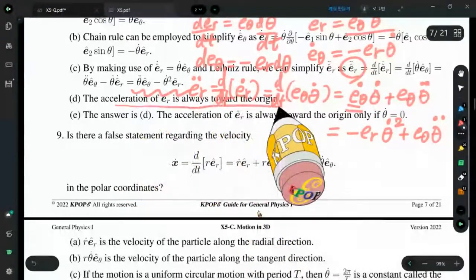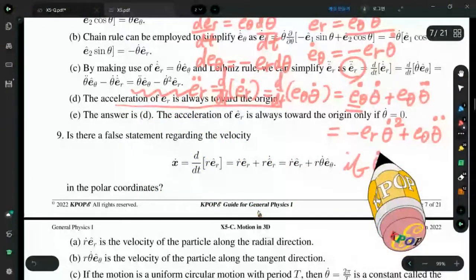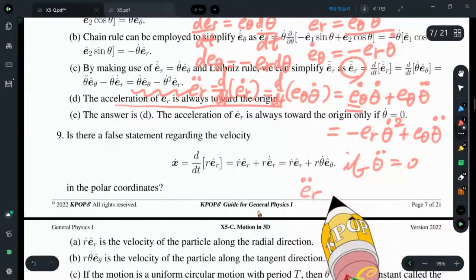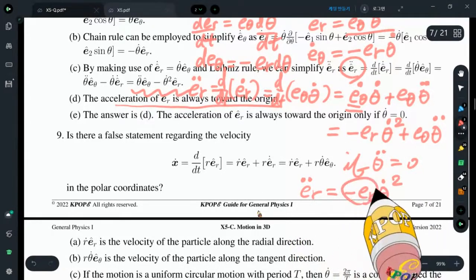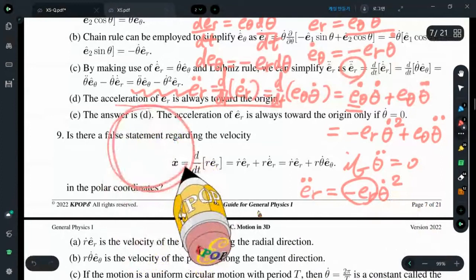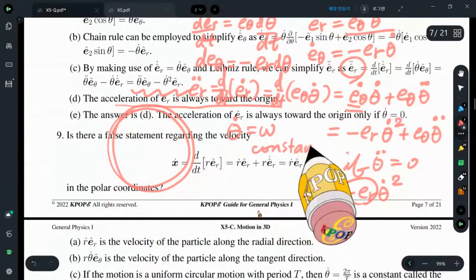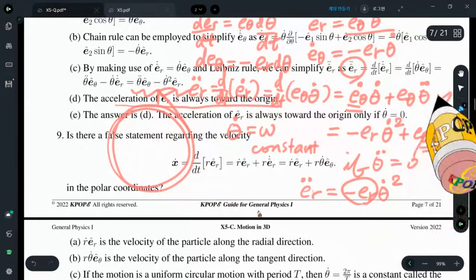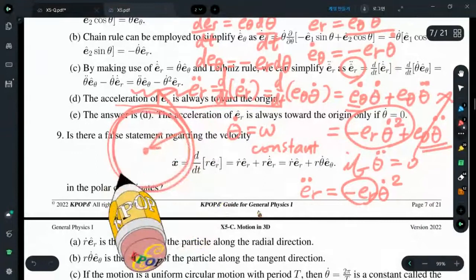Acceleration is always toward the origin. Here, if theta double dot equals 0, then e_r double dot equals minus e_r theta dot squared. So in uniform circular motion, theta dot equals omega, that is constant. In that case, this tangential acceleration disappears and the centripetal force is toward the origin.